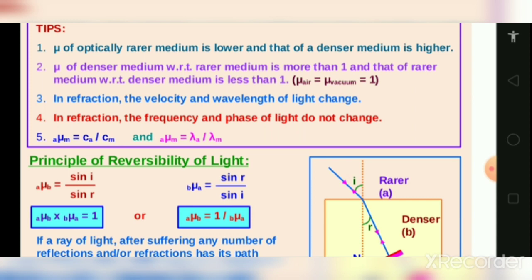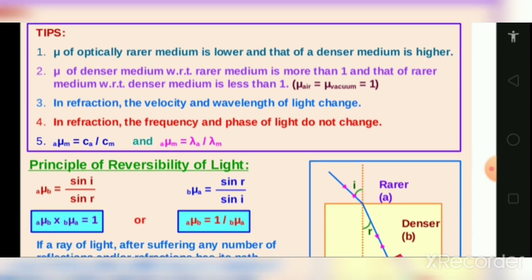So you can write mu of air is equal to mu of vacuum, equal to 1. In reflection and in refraction, the change of the velocity and the wavelength of light depends on the medium.